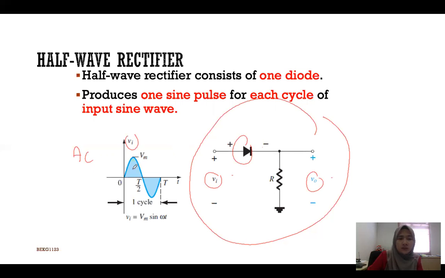So this is one cycle of alternating current. From this point to this point, the time is T. So this point over here is actually T over 2.